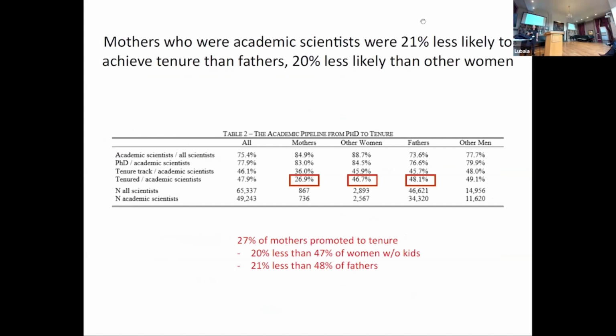And what we see here is that mothers who are academic scientists are much less likely to get tenure. So 29% of mothers get tenure compared to 49% of other women and 48% of fathers. So other women look like fathers. It's just that the differences in tenure rates are driven entirely by mothers.